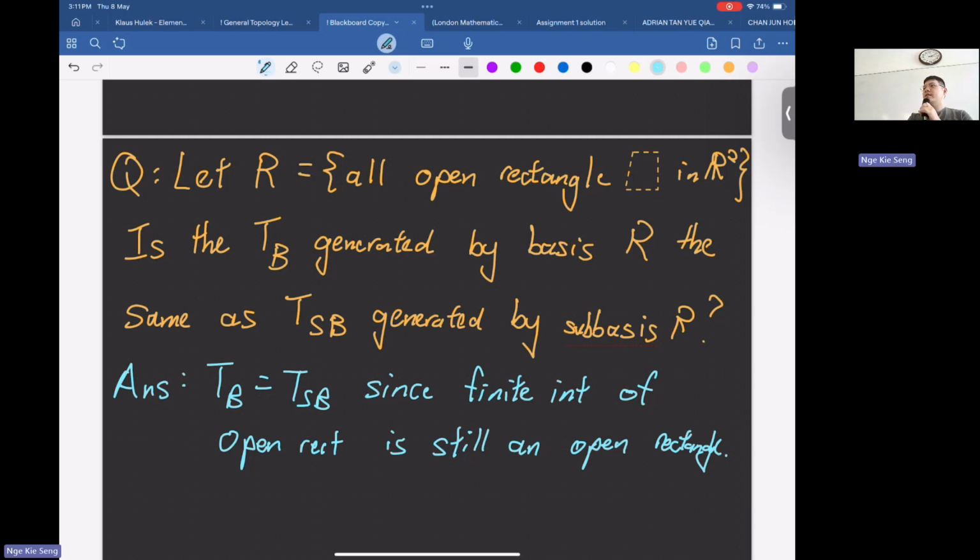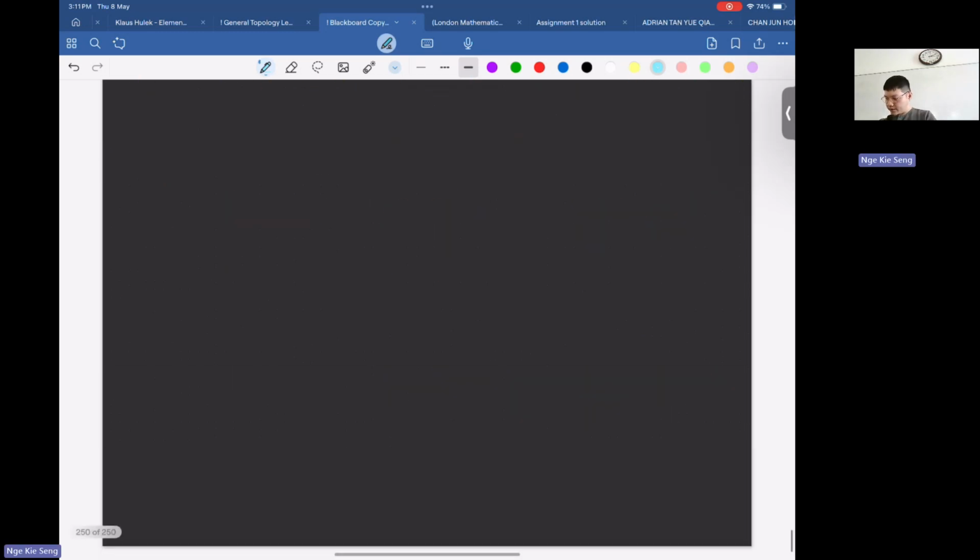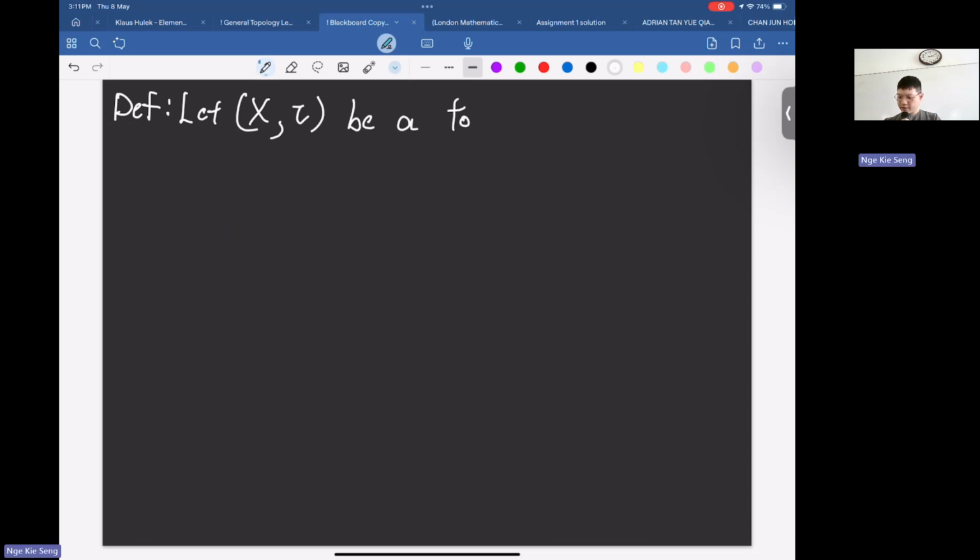Any questions so far on basis and subbasis? If no questions, we will continue. Next we define something called the subspace topology. Let (X, tau) be a topological space. If Y is a subset of X, then how do we define open sets in Y?